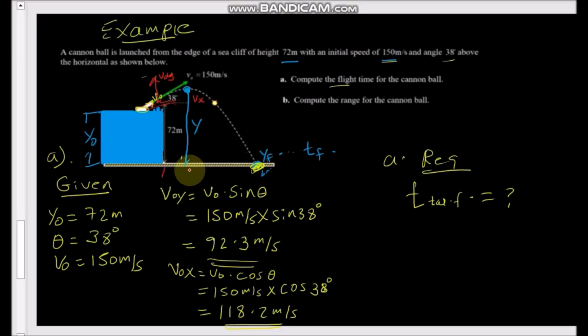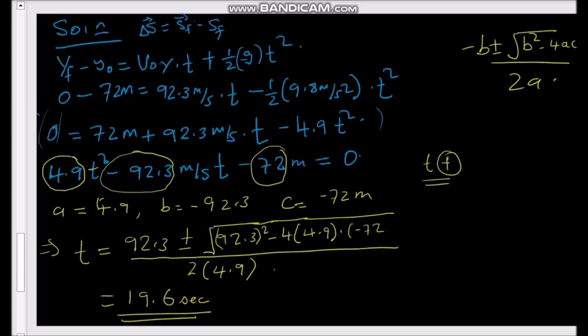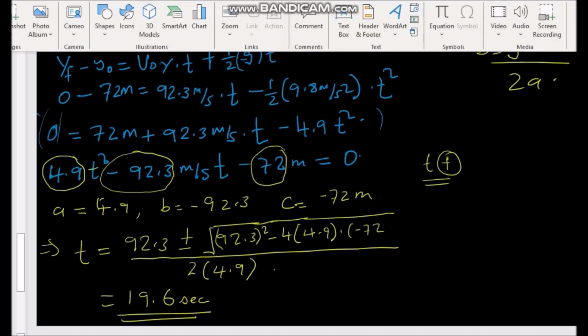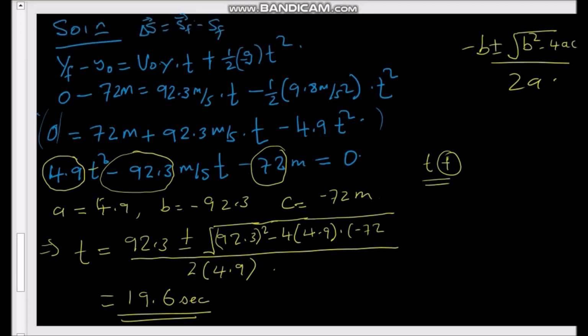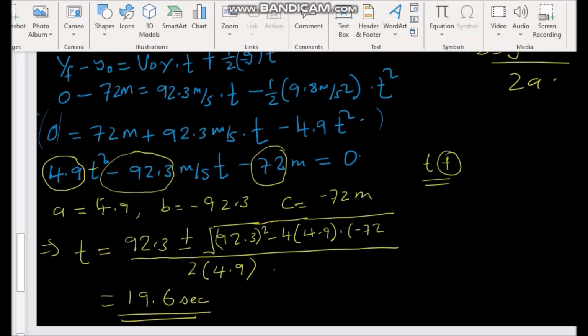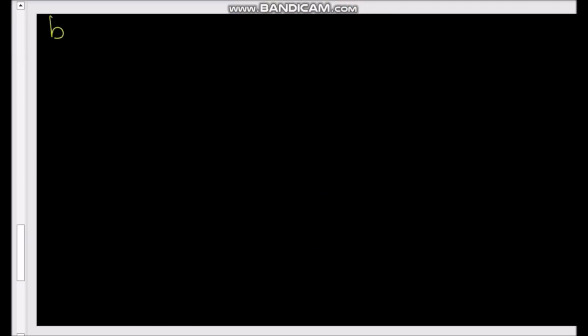The range means the horizontal distance, from the initial to the final horizontal position. B, the range is equal to how much?